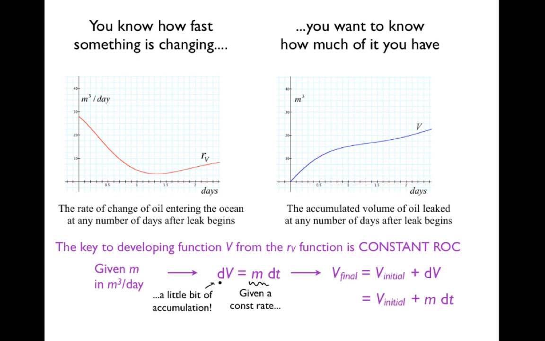Given rate, it gives us a little bit of accumulation, and in addition, it gives us a net or total accumulation by using this V final as V initial. So given m, we can find dV and V final, and that's what we want. We want to know how much dV, how much change, or how much do we have in the end. See that? So these constant rate of change equations embody exactly the thing that we want. We know how fast it's changing, that's m. We can find dV and V final, how much of it we have. Get it?